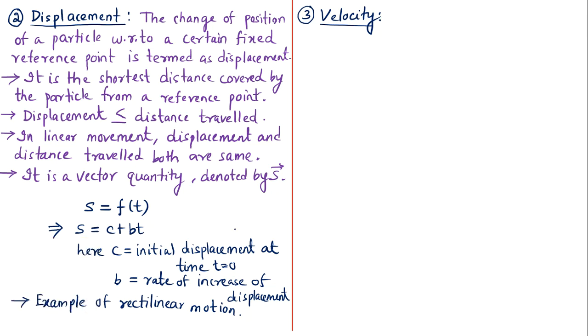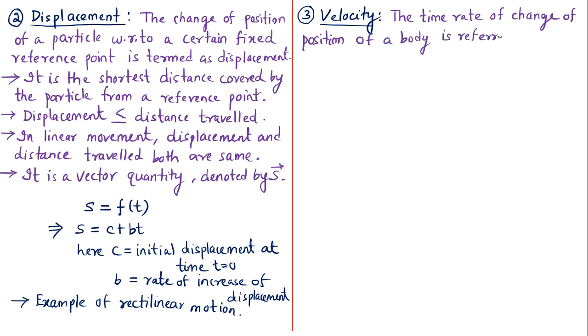Simple definition: time rate of change of displacement. Okay, the time rate of change of position, or displacement, of a body is referred to as velocity. Then what happens? Mathematically, velocity equals the time rate of change of position or displacement, ds by dt.